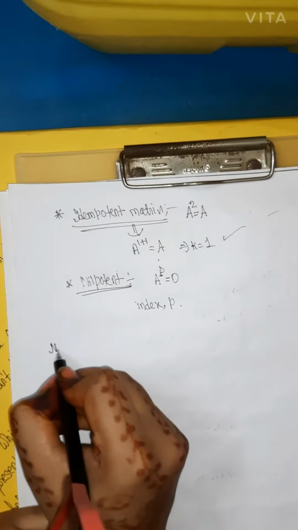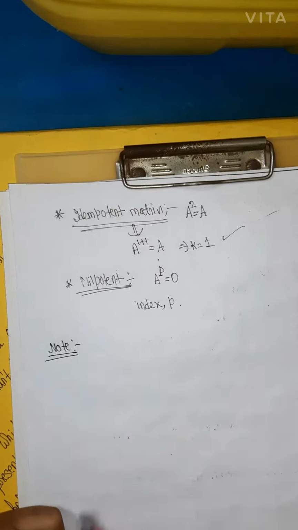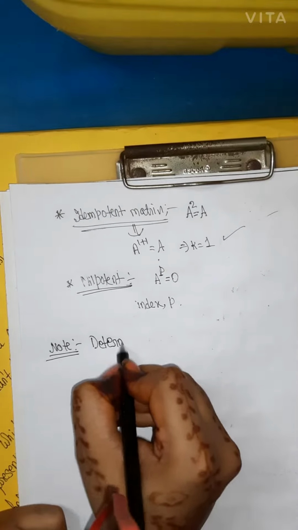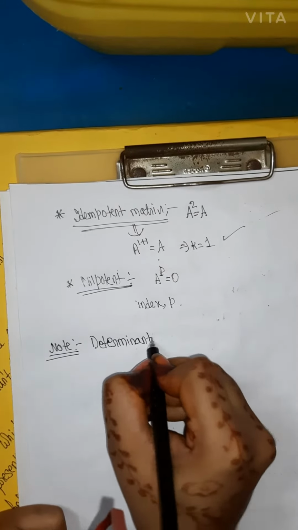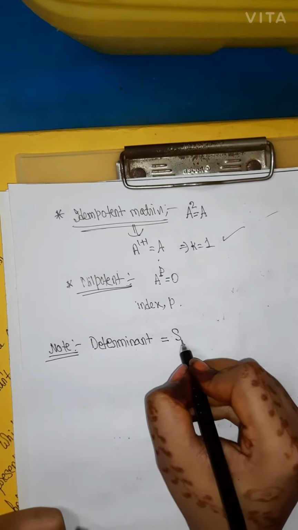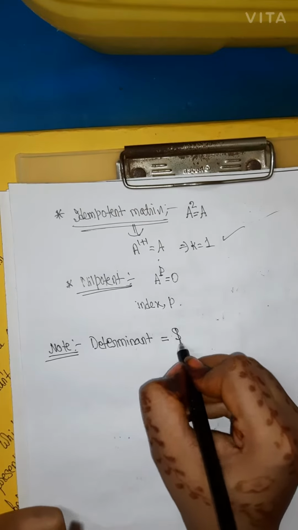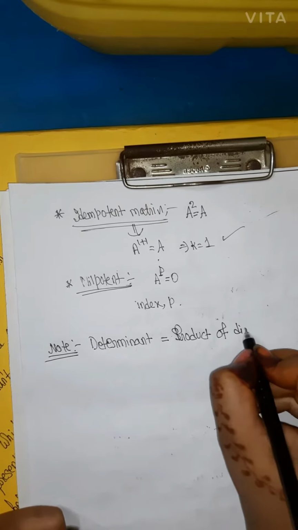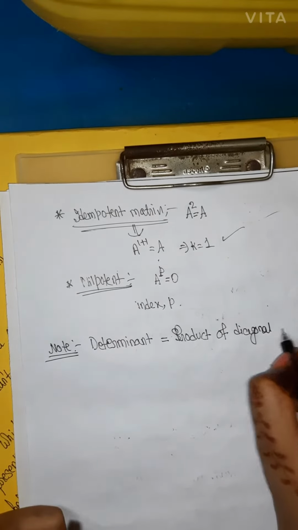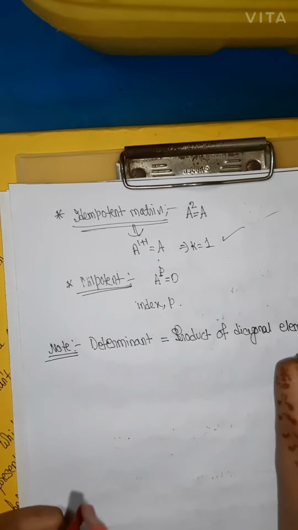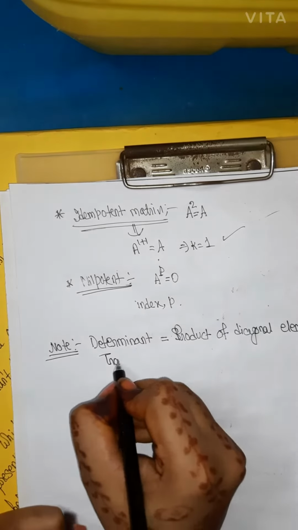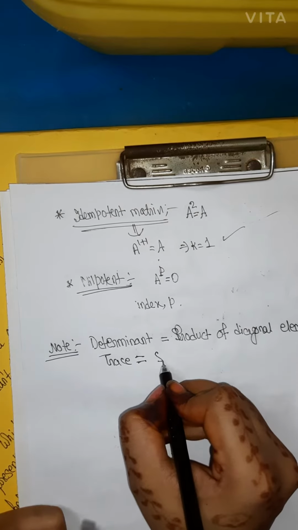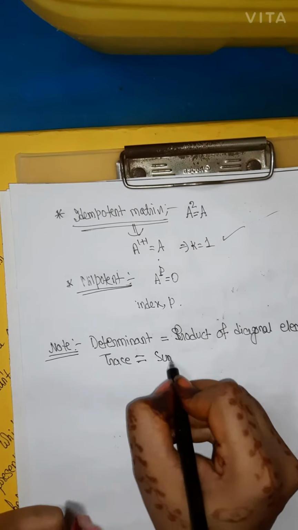As an important note, which we will discuss later, but we must know this: determinant is equal to the product of diagonal elements, and trace is the sum of diagonal elements.